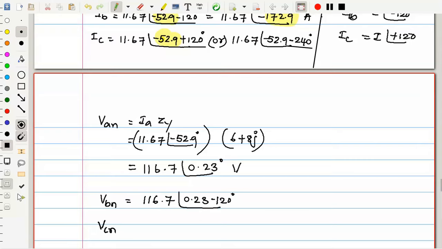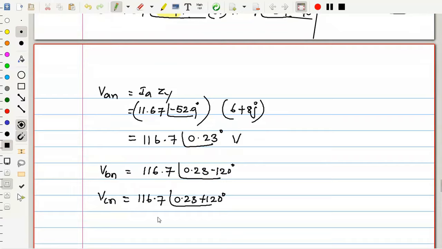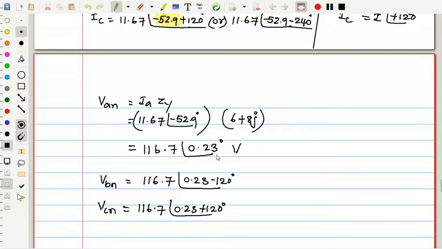And VCN is equal to the same 116.7 at 0.23 plus 120, or minus 240. It's your wish. So you complete this addition, subtraction, etc. So this is part B, our second part, I think: the load phase voltages.